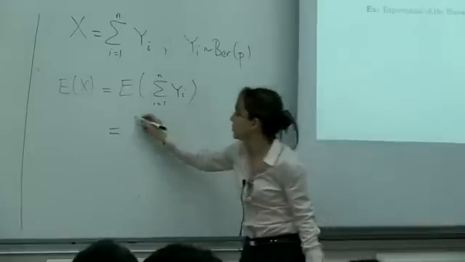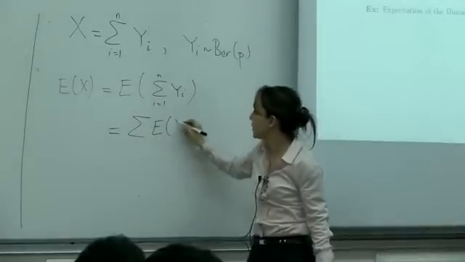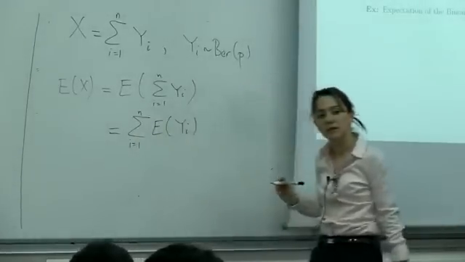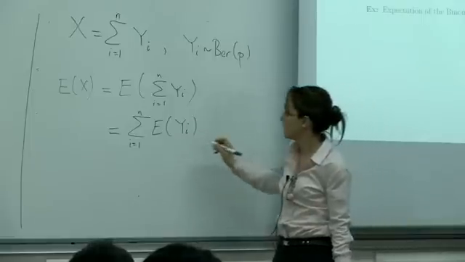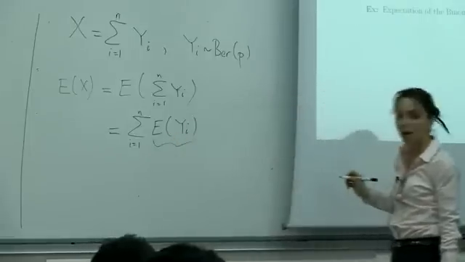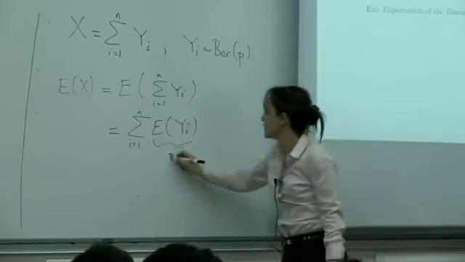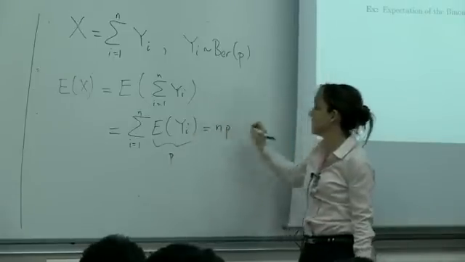The expectation moves inside the summation, i from 1 to n. And what is the expectation of Yi? From last time, we know that the expectation of a Bernoulli with parameter p is p. Yes. So it's n times p.